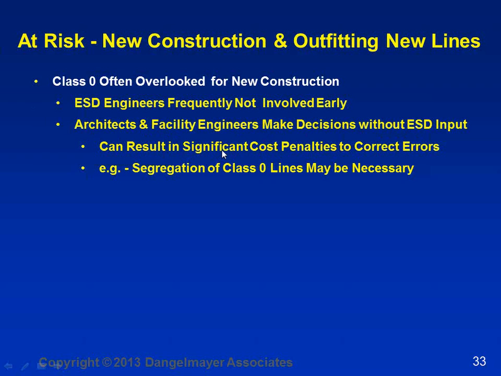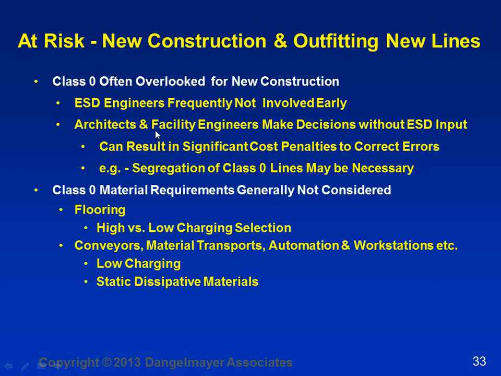We've seen cases where floors had to be replaced and major changes to automation or assembly lines. You may even need to segregate Class 0 lines from other areas, which means relocating things. And it's just an area, word to the wise, if you're outfitting new lines or getting into new construction. This is the ideal time to consider ESD.